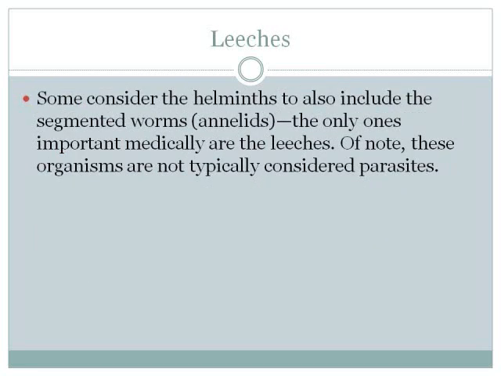Okay. Now, leeches, basically, they sometimes are included as segmented worms, but they are not typical parasites. But of course, they are important, not in terms of causing disease, because some of the leeches release anticoagulants, and people use it as a treatment as well.